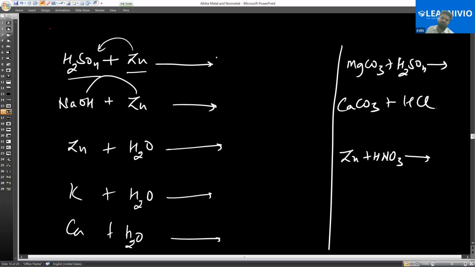Zinc plus NaOH, metal plus base. What does it give you when you are reacting metal plus base? Let me know.